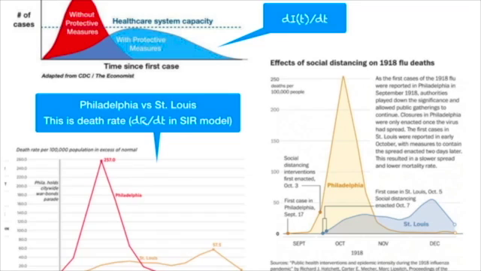But I must add that to be precise, we're actually talking about dR/dt. But anyway, nonetheless, look at the right panel. In Philadelphia, the first case occurred on September 17th, and they didn't do anything. They even did this parade thing.